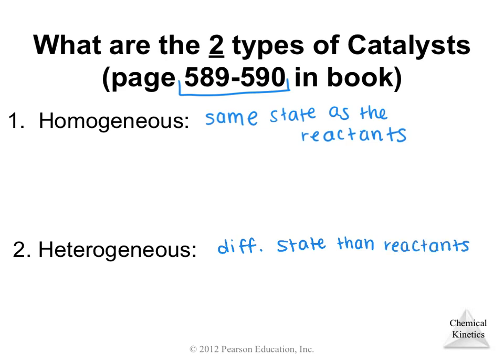So your catalyst might be solid, and then the reactants might be gas. And so they interact with that solid to speed up that reaction. So you can have a homogeneous, same as the reactants, or heterogeneous, different state than the reactants.